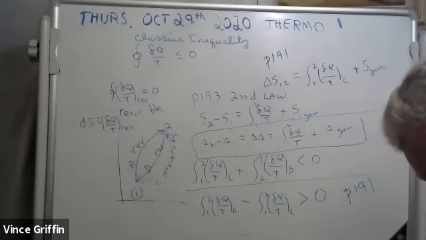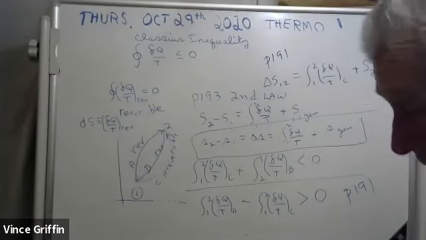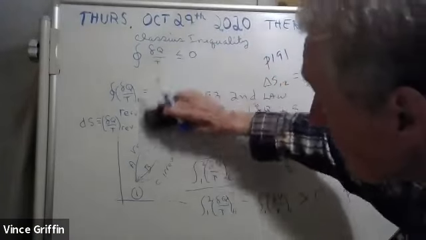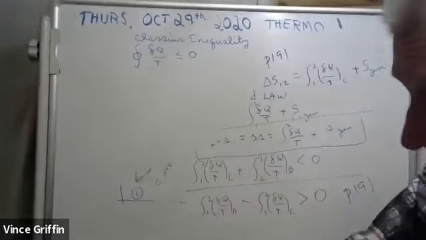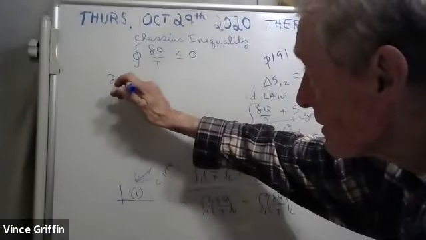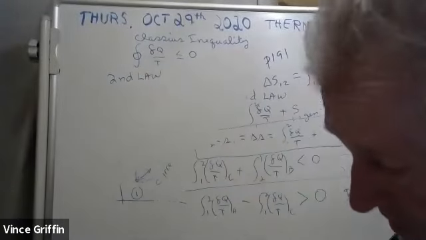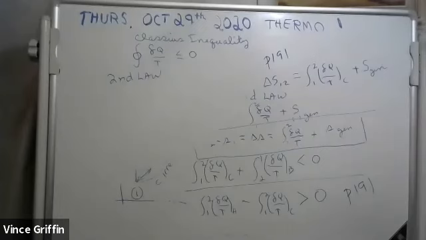The second law of thermodynamics kind of snuck up on us, but it's on page 149. Let me make some room here, and then we'll write it. The second law is written in an English sentence.